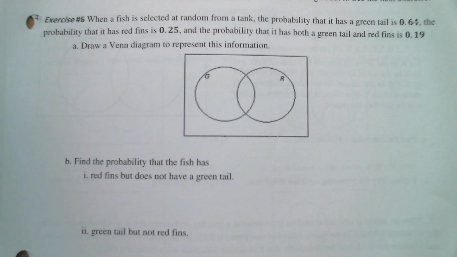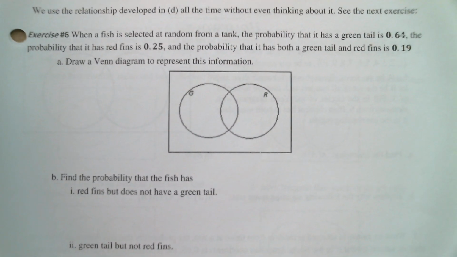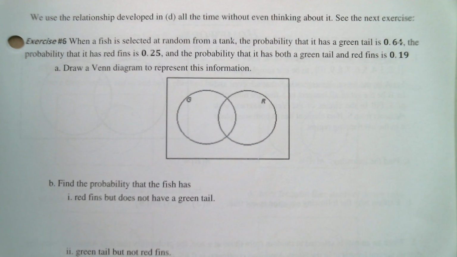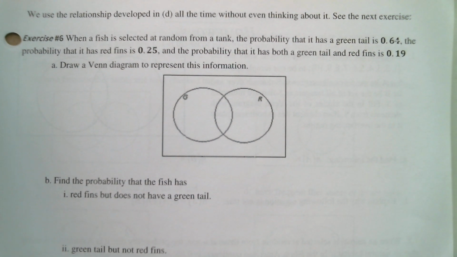Okay, our fishes. We use the relationship developed in D all the time without thinking about it. See the next exercise. When a fish is selected at random from a tank, the probability that it has a green tail is 0.64.